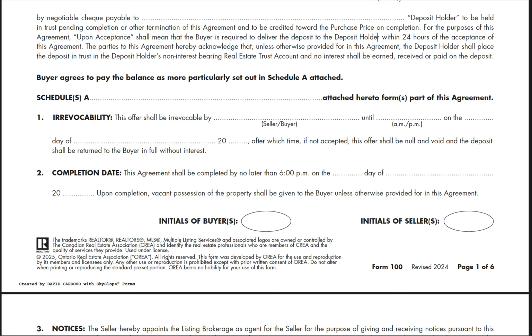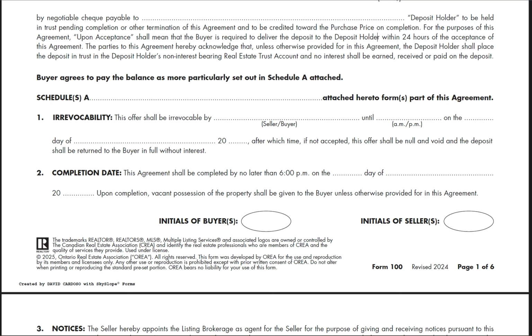It allows for conditions such as financing and inspection for the buyer, and it doesn't force a buyer into a deal they can't afford, without making sure that their I's are dotted and T's are crossed. But the purpose of that, again, is for both parties to be clear on what to expect.